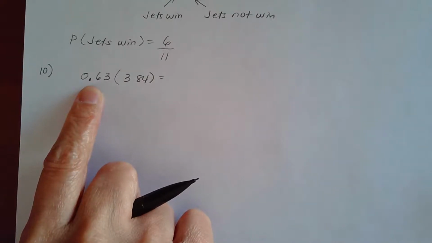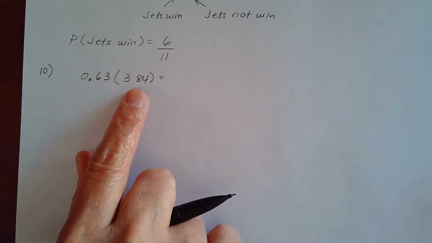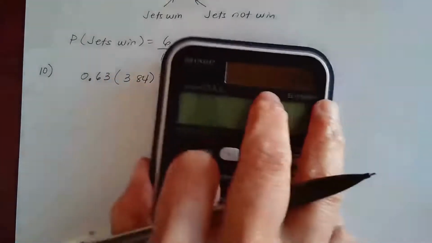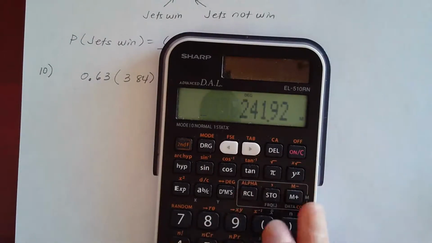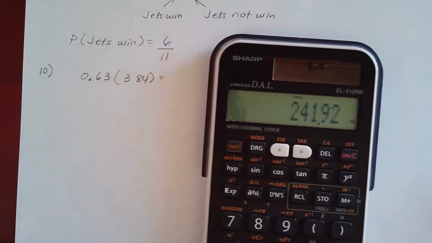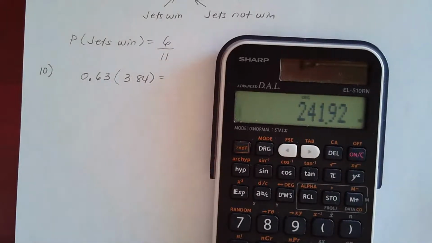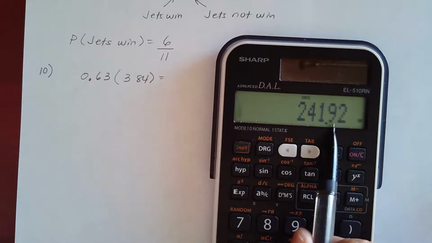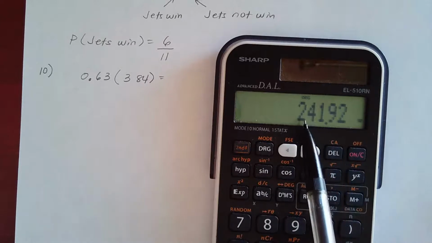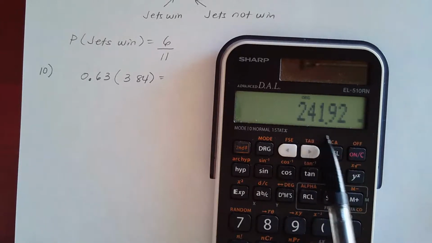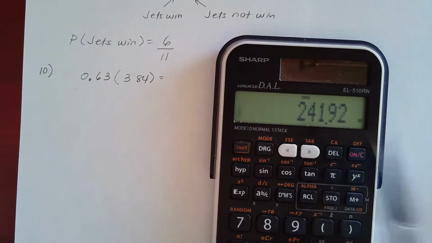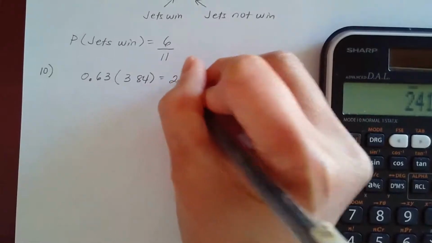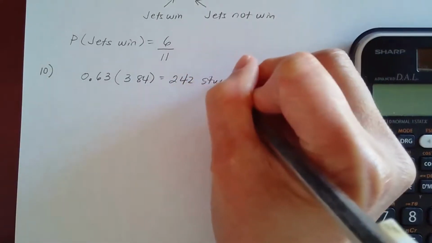The probability is expressed as a decimal times how many there are altogether. So 0.63 times 384, I'm going to get 241.92. Because we're talking about how many students, we can't have 0.92 students. We can't have a portion of a student. So we would have to properly round this off to 242 students.